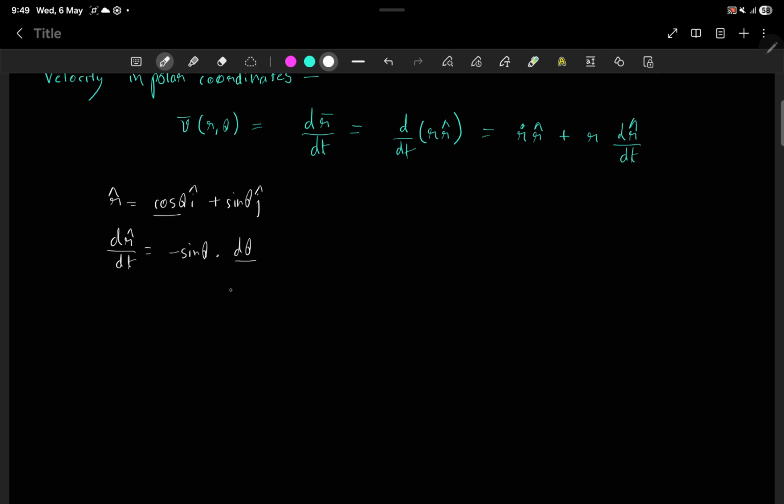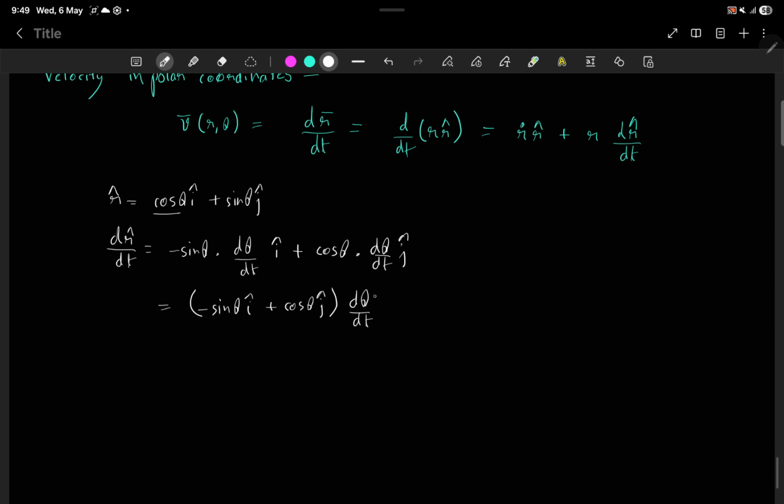So this will be minus sin theta d theta by dt i cap plus cos theta d theta by dt j cap. Taking d theta by dt common, I have minus sin theta i cap plus cos theta j cap, times d theta by dt.